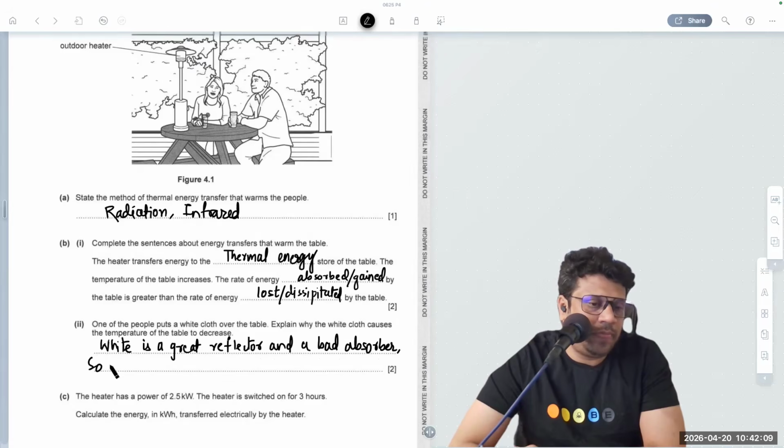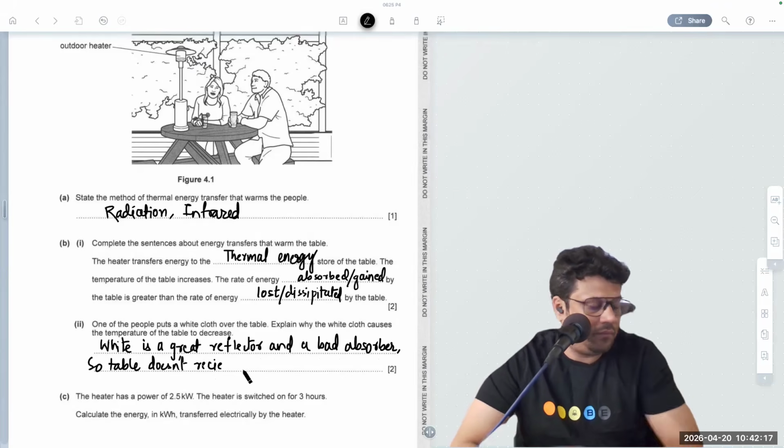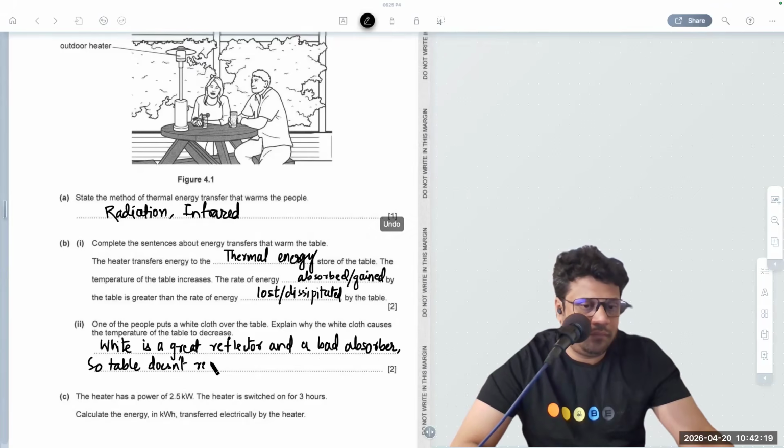So the table doesn't receive heat at the same rate.